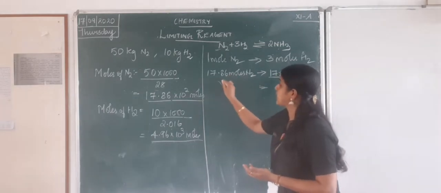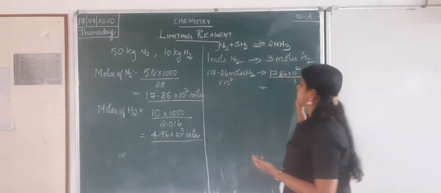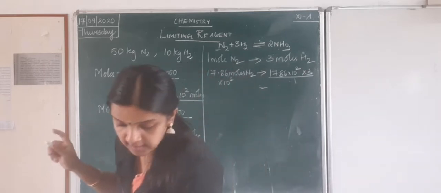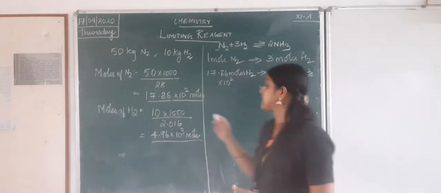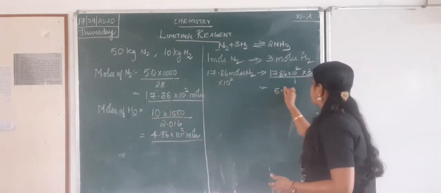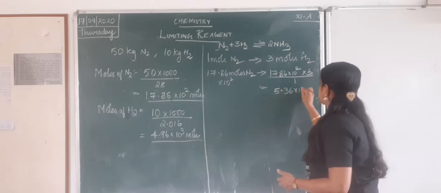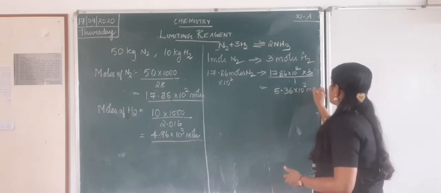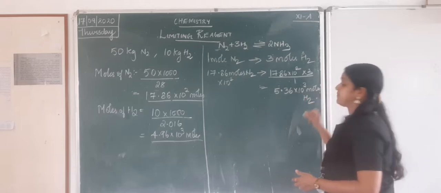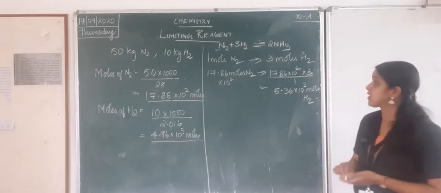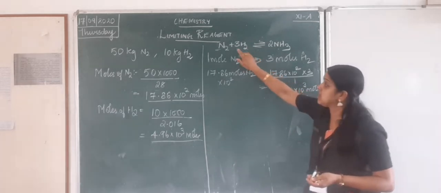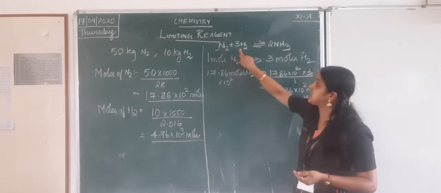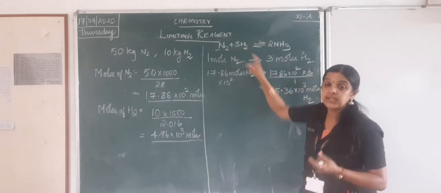How much did we get? It is around 5.36 into 10 power 3 moles of hydrogen. You are able to understand, children? From this equation, 1 mole of nitrogen needs 3 moles of hydrogen to combine.